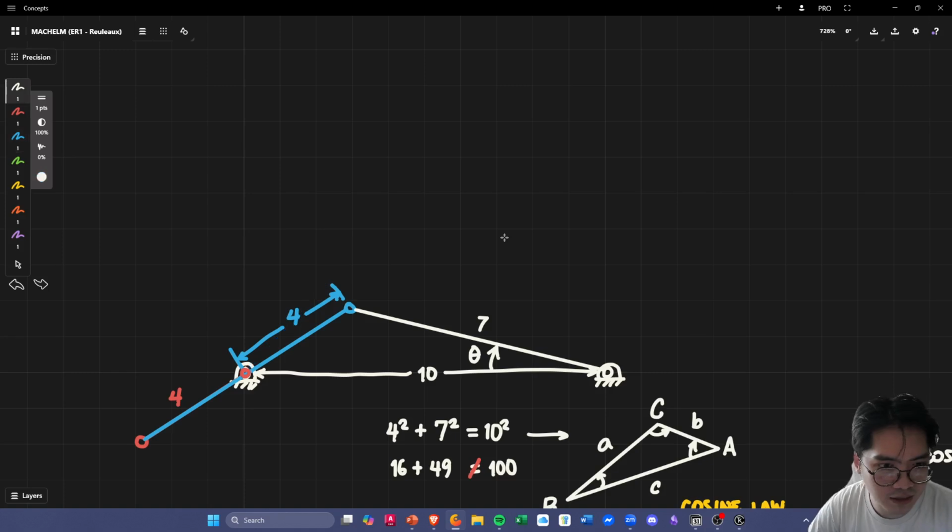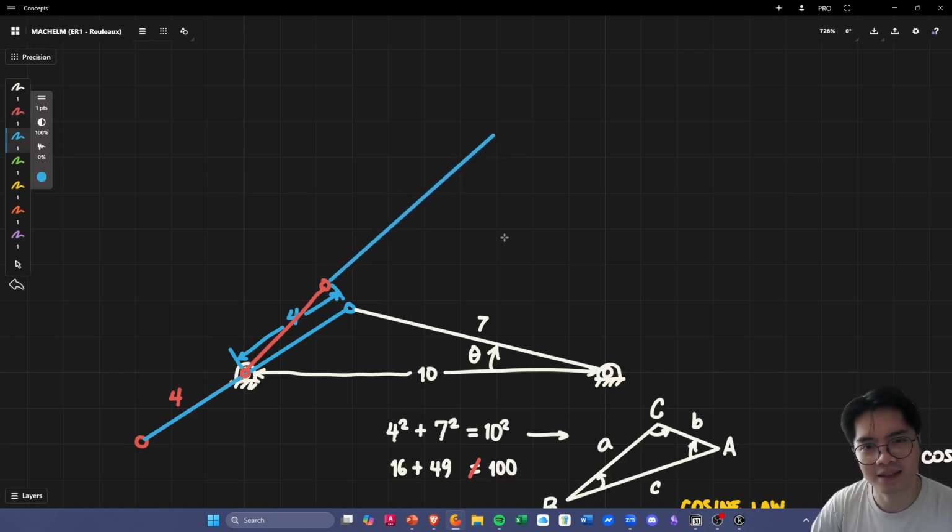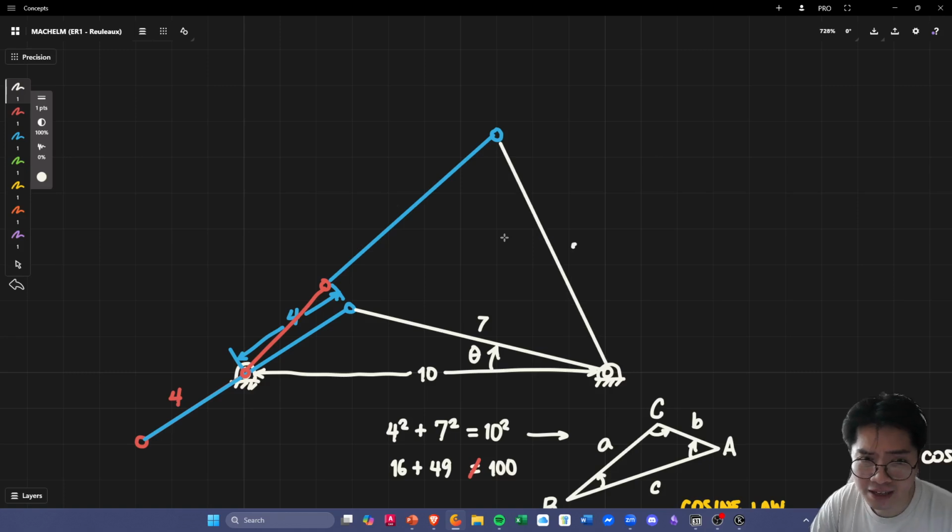Maybe something like this. Oops. Something like this, 4 and then 8. Maybe. Like this. And then this is your 7. Does this look right? I think, yeah, maybe it does.